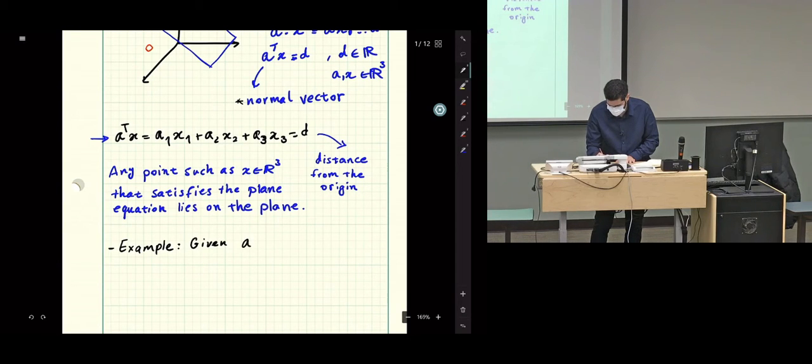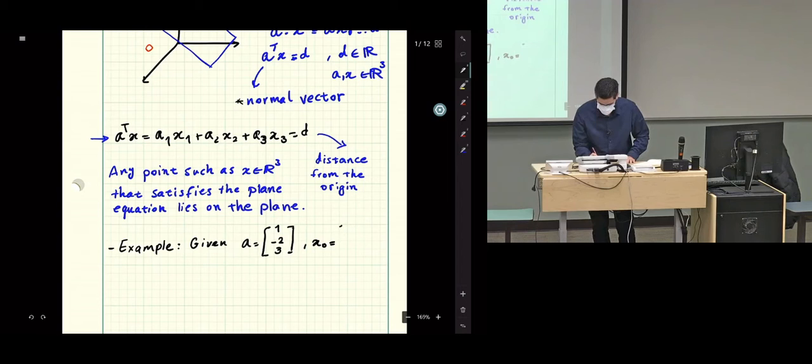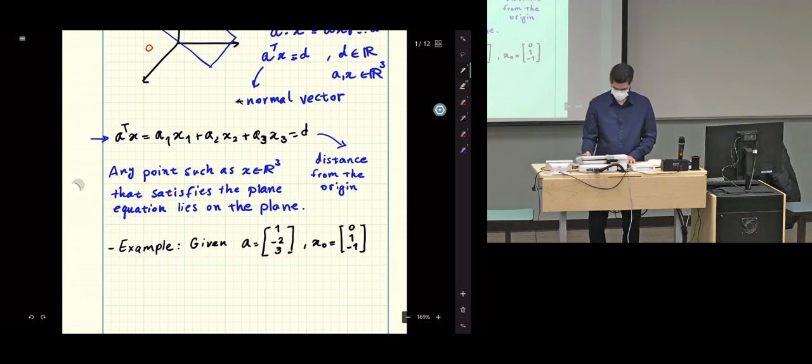Given A equals 1, -2, 3, and x0 equals 0, 1, -1. Form a plane.